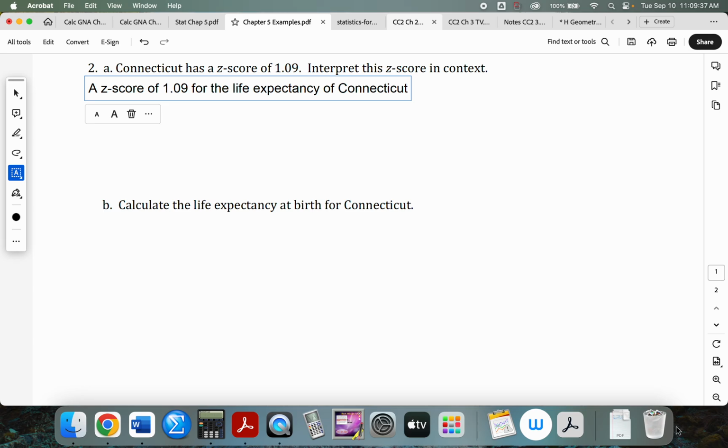Did I spell it right? Yes. I have trouble spelling Connecticut. Me too. It tells us that the model predicts what? So we're a little more than one standard deviation above the mean.